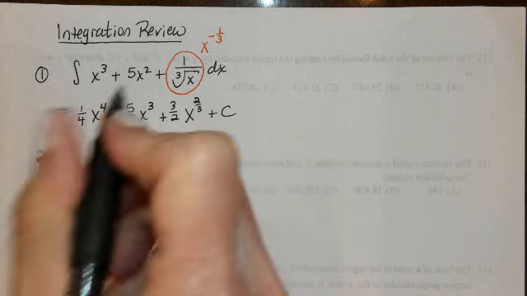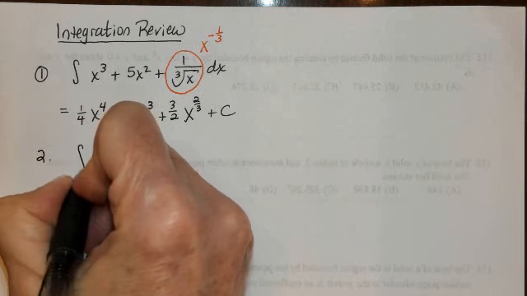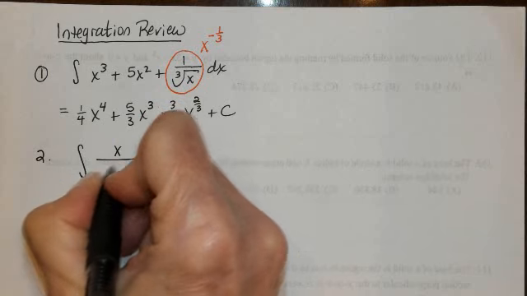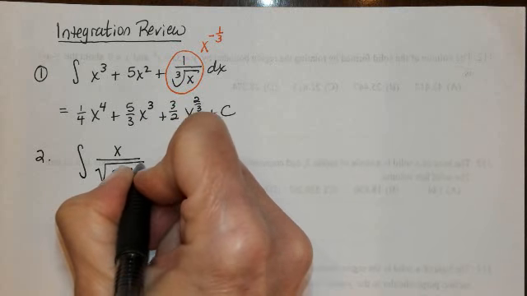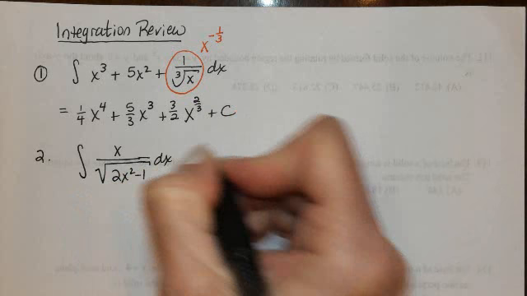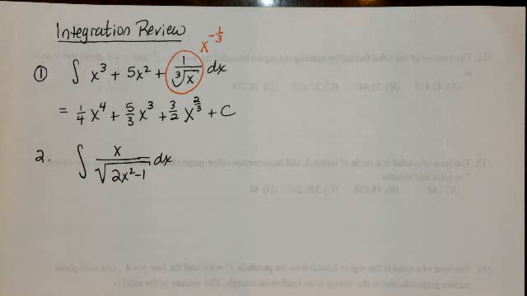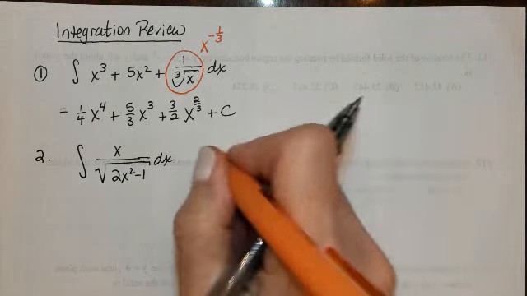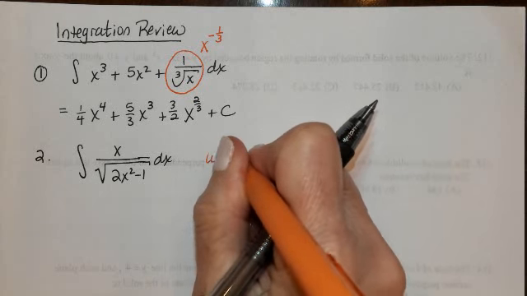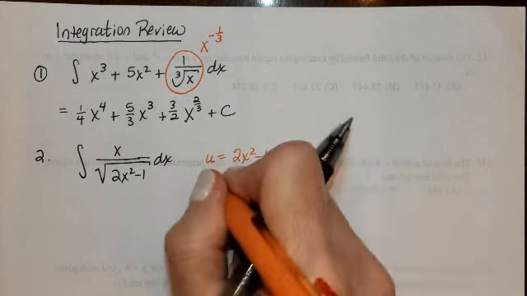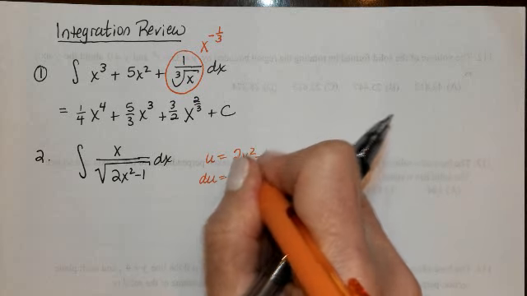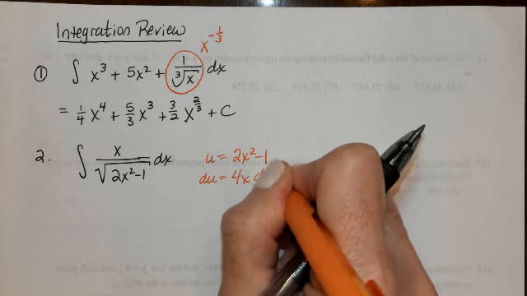Let's do this one. Let's do the integral of x over square root of 2x squared minus 1 dx. Okay, so for this one, we're going to use a little u sub. So I'm going to come off to the side. I'm going to let u be what is inside the radical in the denominator, and then du will be 4x dx.